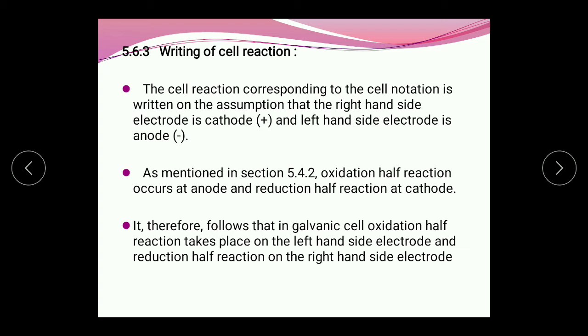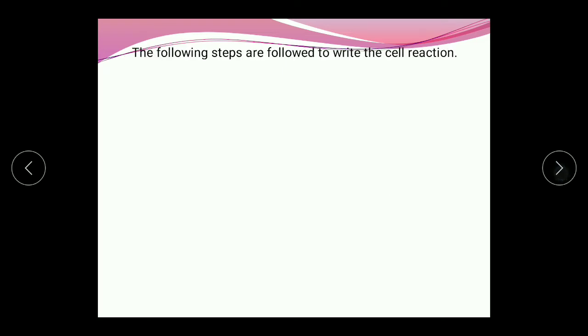So, when you see a formula or notation, always remember this. At the left hand side electrode, there occurs oxidation. And what is oxidation? It is a removal of electrons. So, easily we can write the cell reaction just by looking at the cell notation.